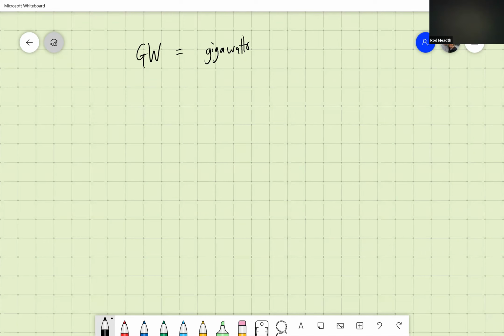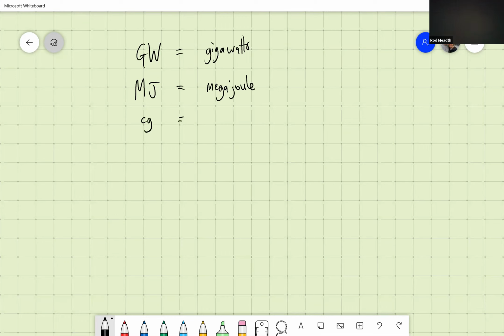You write it as a word all lowercase every time, even when it's named after a person. Watts are named after James Watt, a British scientist. Capital M, capital J. That is a megajoule. Again, named after a scientist, Mr. Joule, but you have to keep it lowercase.